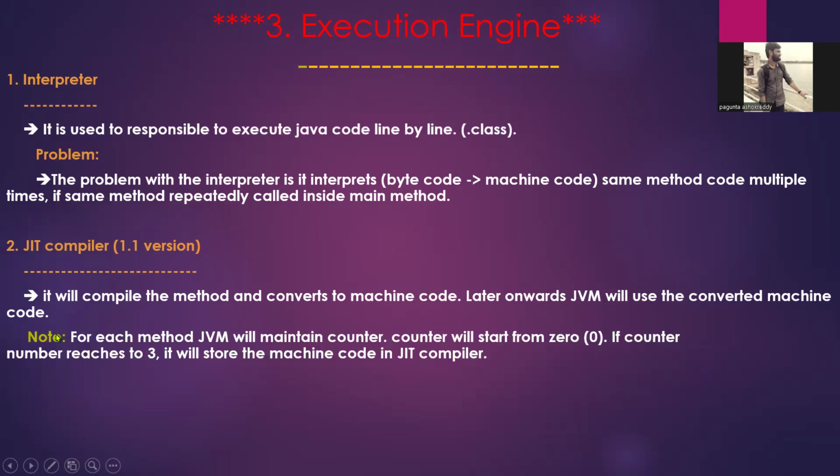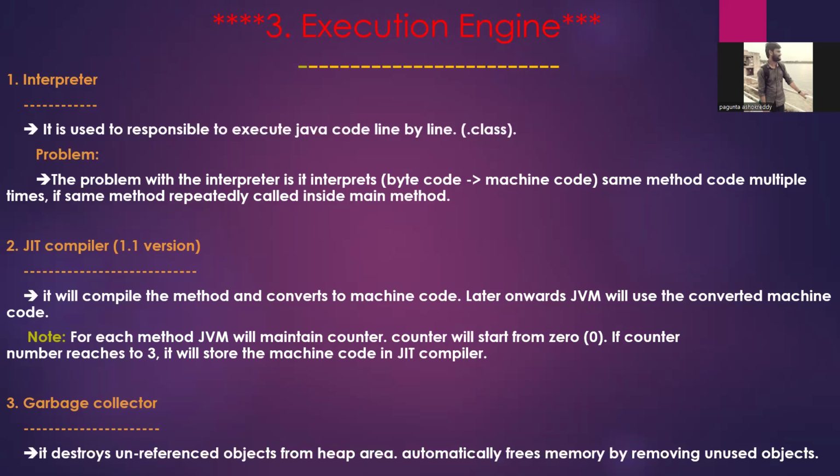Note that for each method, the JVM will maintain a counter, starting from 0. If the counter reaches 3, it will store the machine code in the JIT compiler.